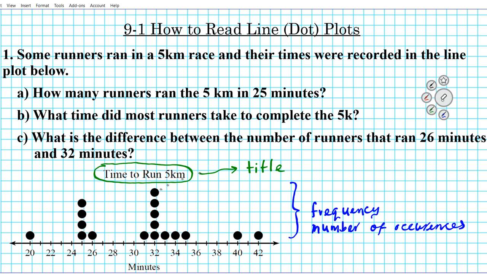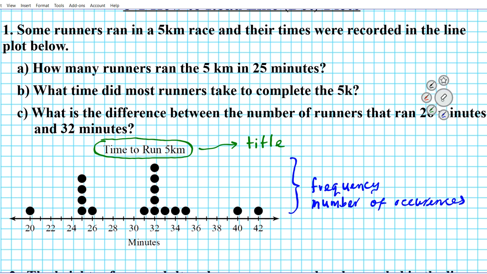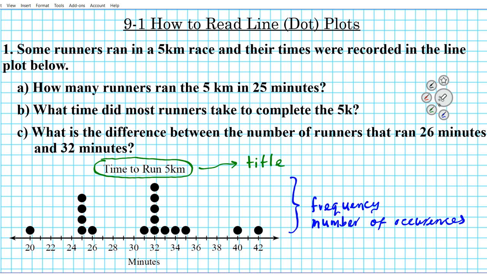So you have the title, you have the frequency, and then you have the numbers that are attached to the axis, and you also have the units at the bottom. These units are attached to the number. For example, this number right here is 25. What's the unit for 25?